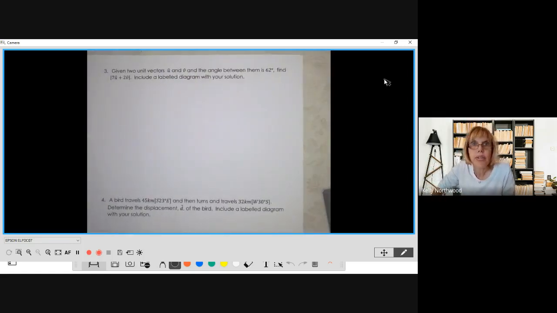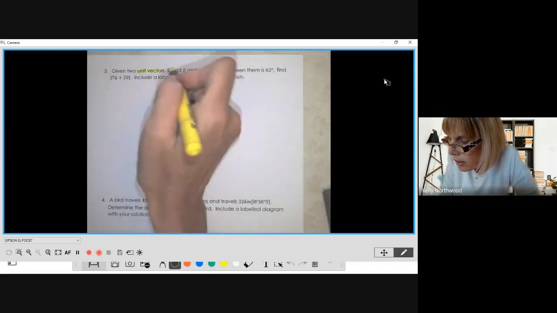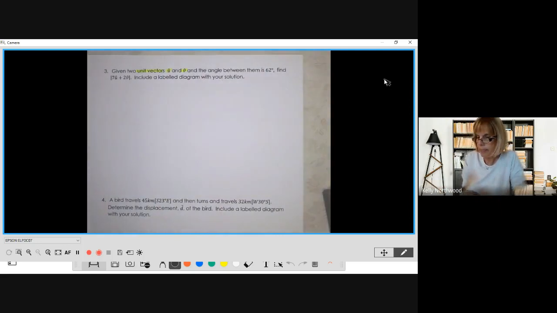Question 3, given two unit vectors, u hat and v hat, and the angle between them is 62 degrees, find the magnitude of 7u hat plus 2v hat, include a labeled diagram with your solution.